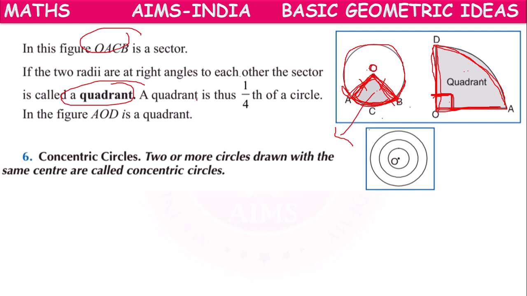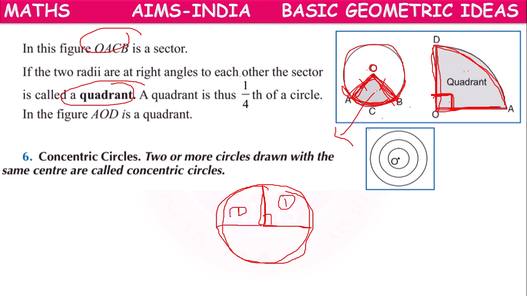So a quadrant is 1/4. Suppose this is the circle. This will be one quadrant, this will be the second quadrant, this will be the third quadrant, the fourth quadrant. A circle can be divided into four quadrants. So a quadrant means 1/4 of a circle.